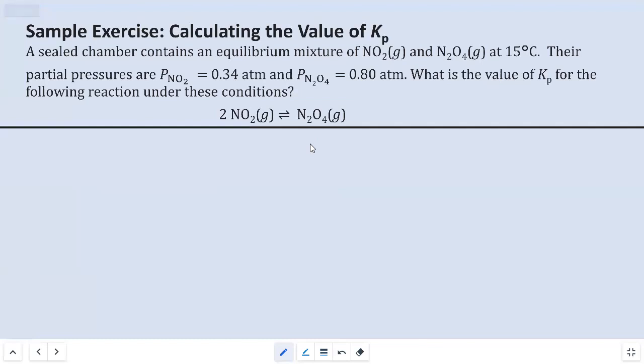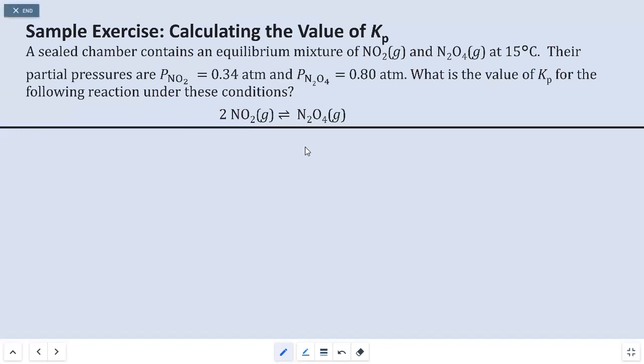All right, let's do a calculation then. We've got a chamber that contains both nitrogen dioxide and dinitrogen tetroxide. The partial pressures are 0.34 atmospheres and 0.8 atmospheres. What is the value of Kp at these conditions?